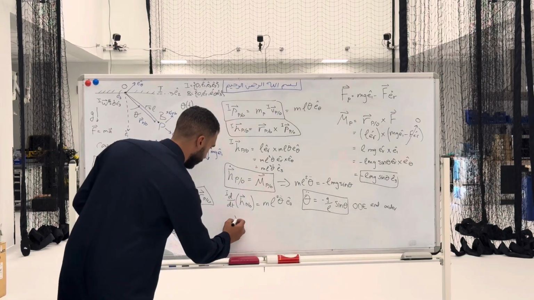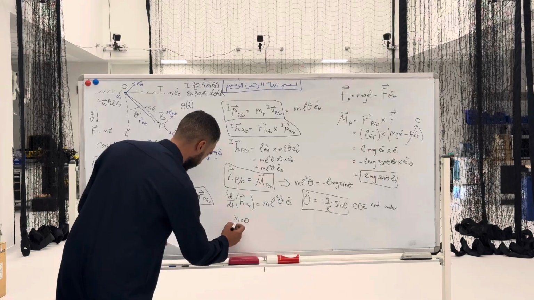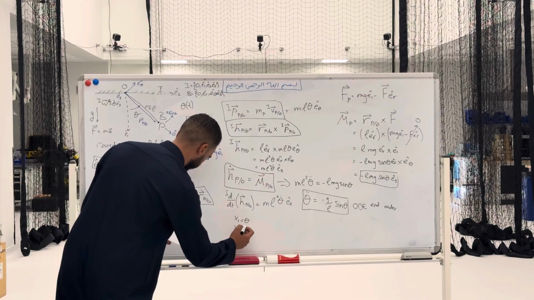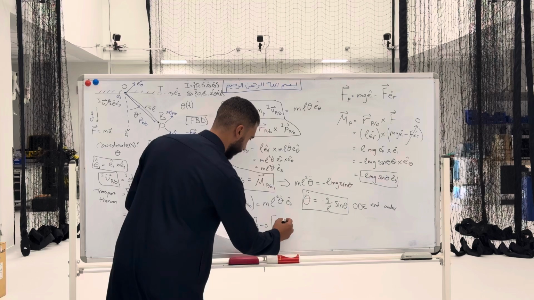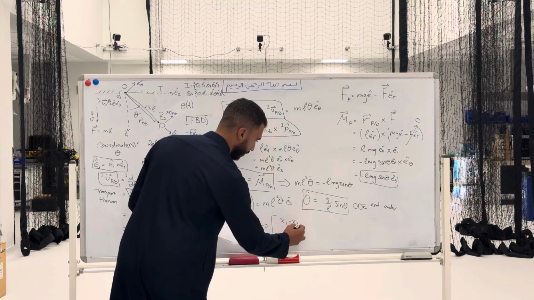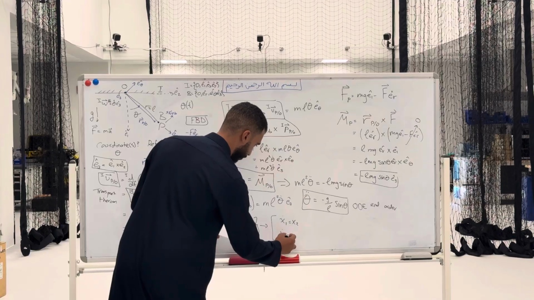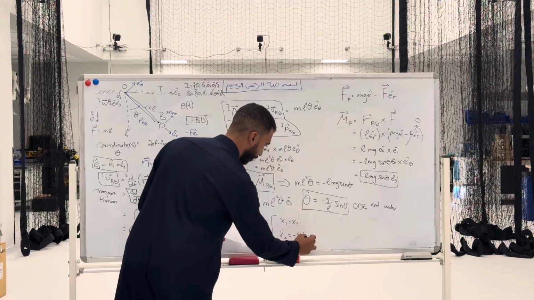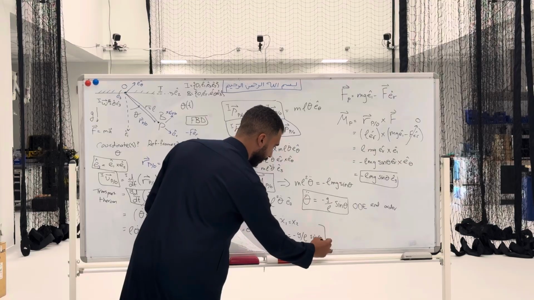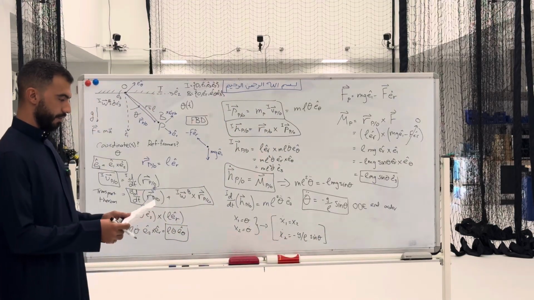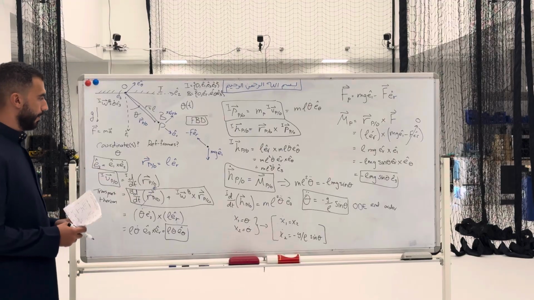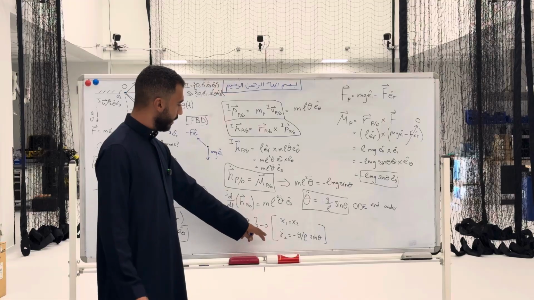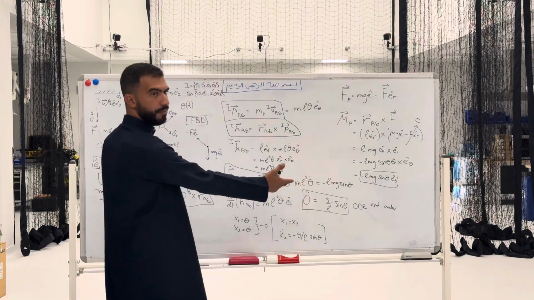So we can say that x1 is equal to theta, x2 is equal to theta dot. Then we can write the system as x1 dot equal to x2, x2 dot is equal to negative g over L sine theta. That's it. Now what is your model? This is not the linear model; this is my two first order equations that represent the system.